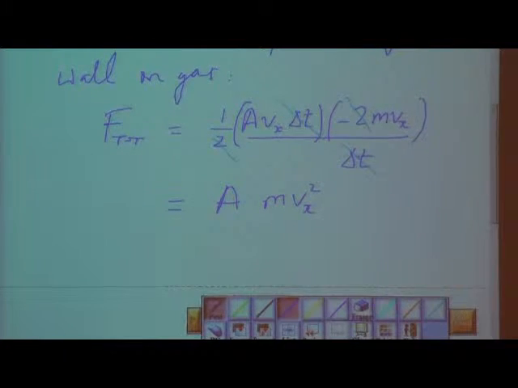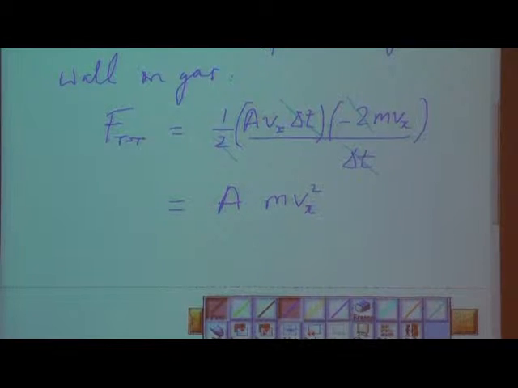I forgot here, as your friend pointed out, I forgot to put in the area, and let me put it over here. Okay. Right?